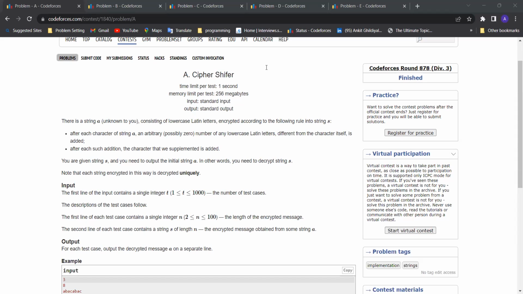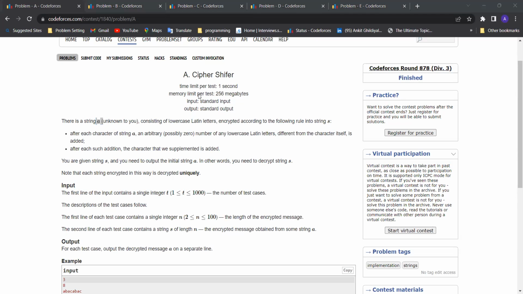Okay. So this is the first problem. In this problem, we are given a string, and we are told that it has been encrypted in a way that if we get some character, then after that we append some characters that are not equal to that character, and finally we again append that character.